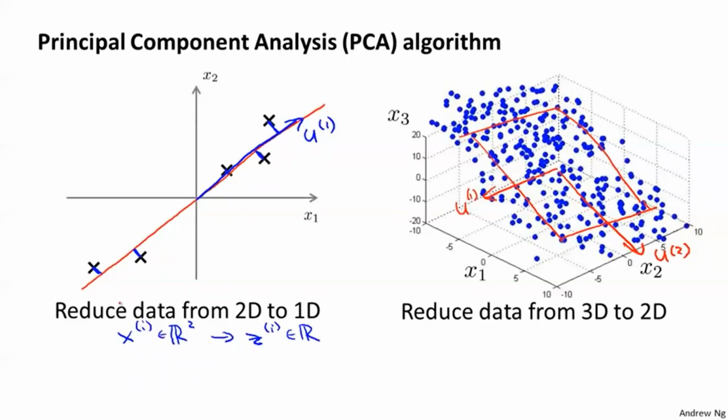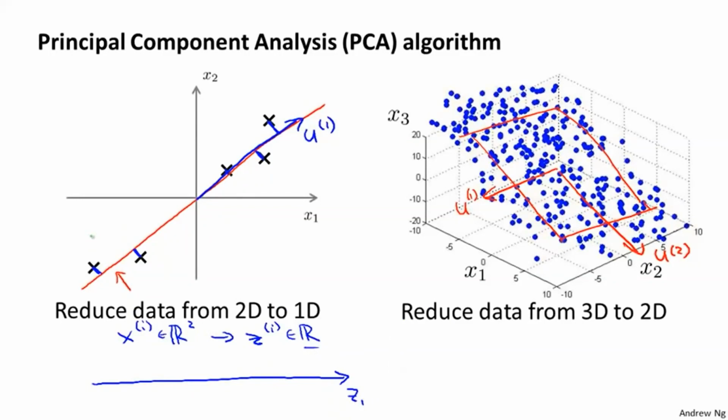Specifically, by projecting the data onto this red line, we need only one number to specify the position of a point on the line. I'm going to call that number z, or z1. Z here is a real number, like a one-dimensional vector, so z1 just refers to the first component of this one-by-one matrix, or this one-dimensional vector.